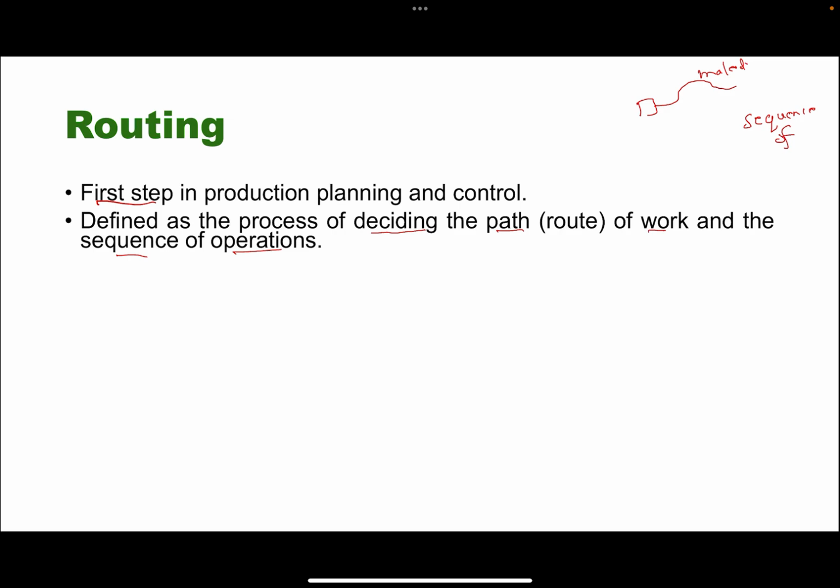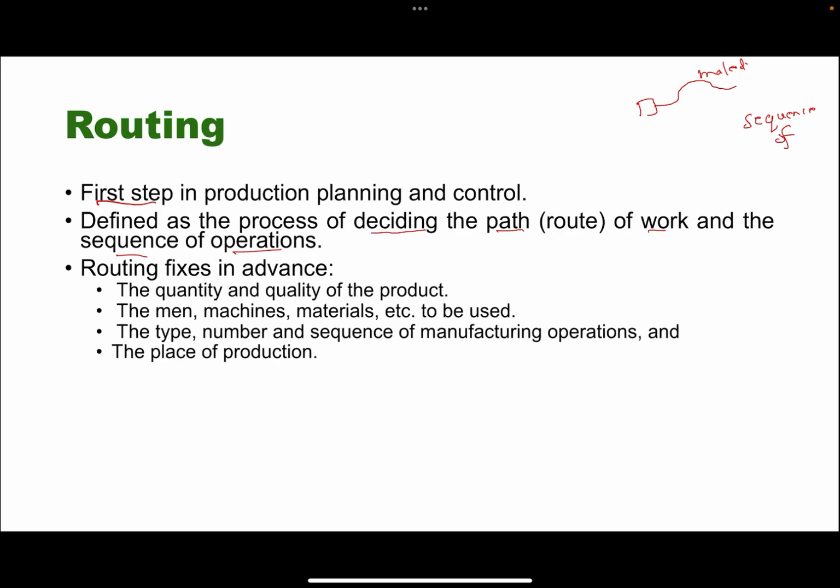So these are the two main functions of routing, and routing fixes in advance the quantity and quality of the product. At what quality do you need it? Should it be high quality, moderate, or low quality? And also what quantity is required to be produced?